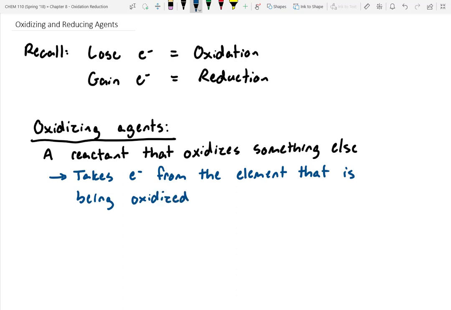All right, now the weird twist on this. If an oxidizing agent is taking electrons from another element that's being oxidized, is the oxidizing agent getting oxidized or reduced? Right? It's taking an electron from something else. That means it's gaining electrons. That means the oxidizing agent gets reduced in the reaction.